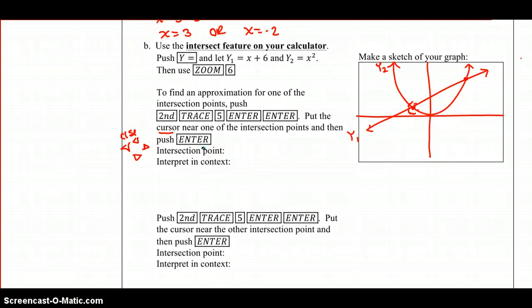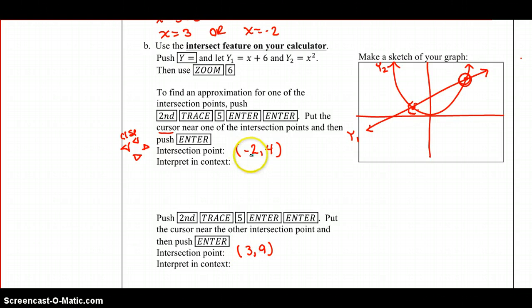And we will get the intersection point negative 2 and 4. We'll come back with the context here in a second. And then again, we're going to push second trace 5 to call the intersect feature, enter, enter. But then for our guess, now we're going to put the cursor up close to the second point and push enter. And it will give us the coordinates at that point are 3, 9.